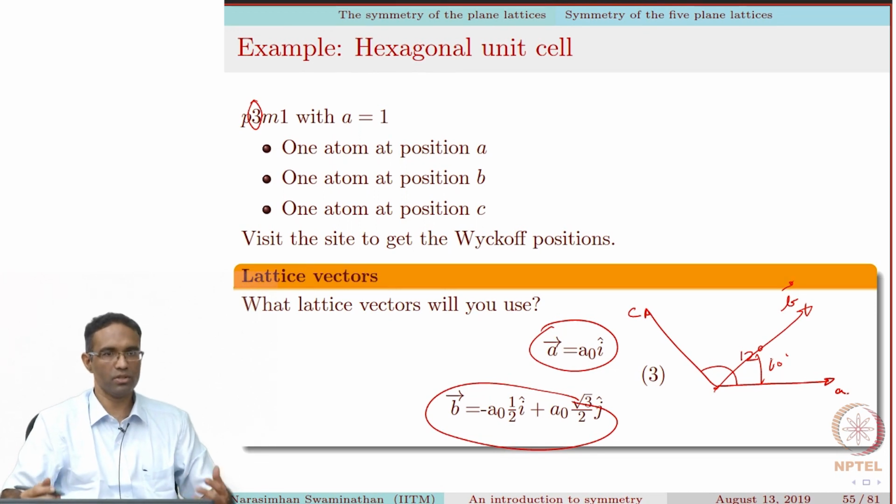So this needs to be kept in mind. Whenever you are generating space lattices also, a similar rule will apply. So you have to be careful in the lattice vectors that you actually choose in order to generate the space lattice or plane lattice.